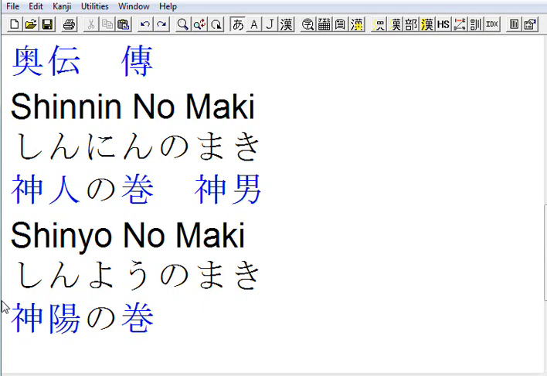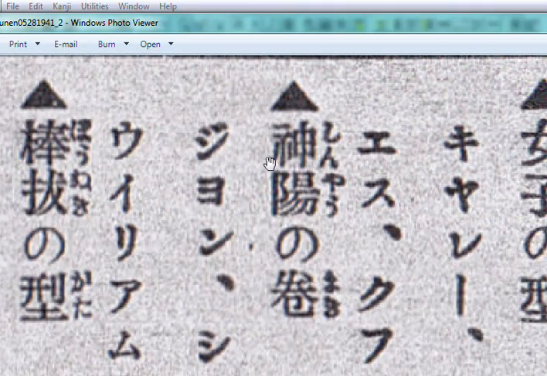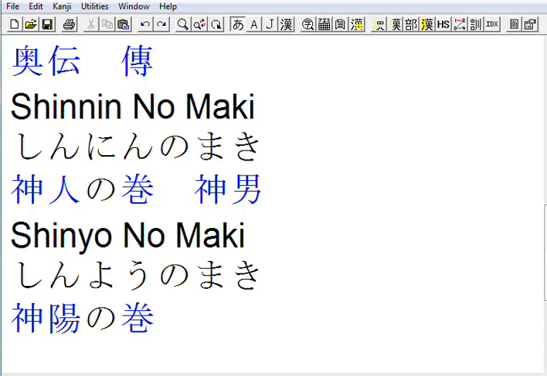The newer form for the kanji for Shin is a little bit different, but that's the older form of the kanji for Shin. Okay, so that is a verification of at least that one. To date, I haven't found something that says Shinin, but I believe certainly that what Professor Kufrath gave me is correct. So that is the Okuden.